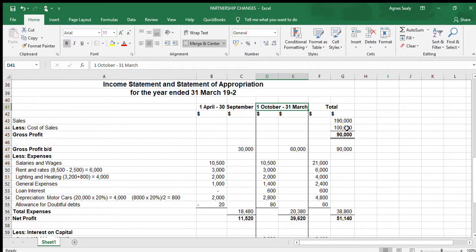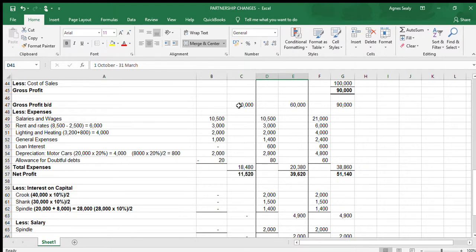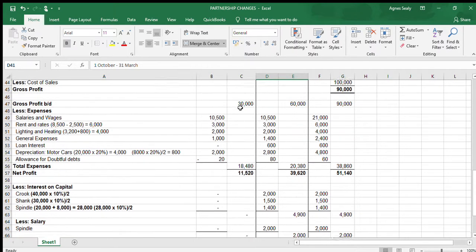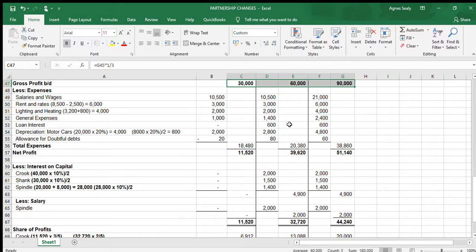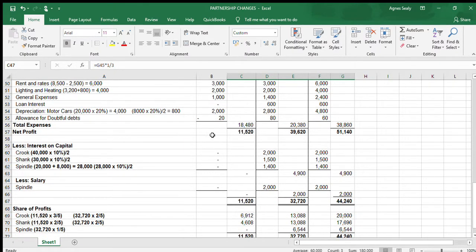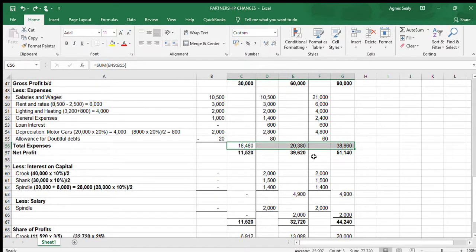So our sales less cost of goods sold give us $90,000. This is shared as a third, 2/3. Then we prorate our expenses, get our total expenses. Total expenses deducted from our gross profit give us our net profit.